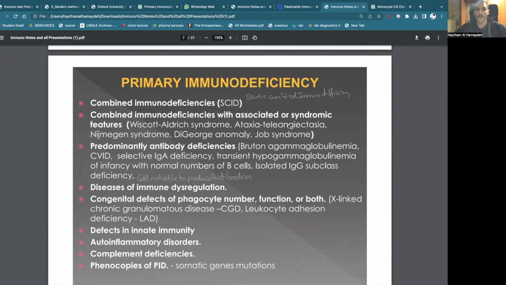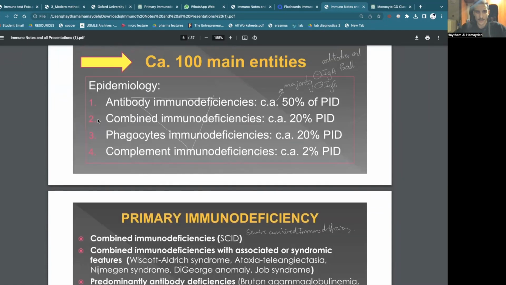Okay, so we talked about point number 2, and we've given examples either with non-syndromic or the one that has syndromic, and you guys know now where we can find them.